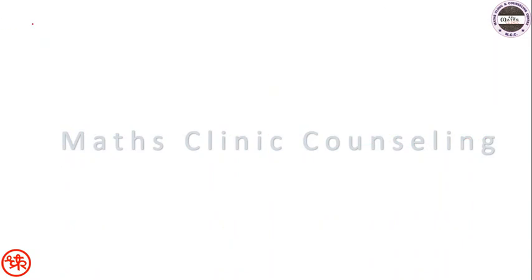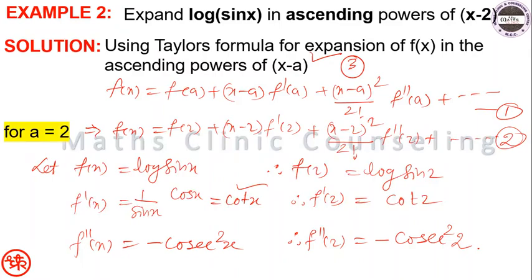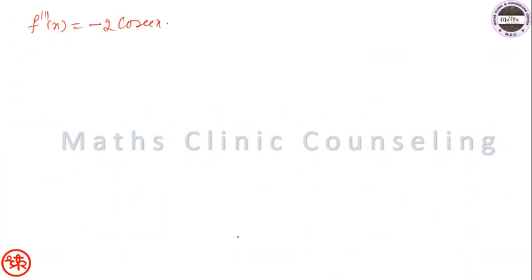So f triple dash of x is equal to minus 2 cosec x into the derivative of cosec x, which is, let us say, minus cosec x cot x.